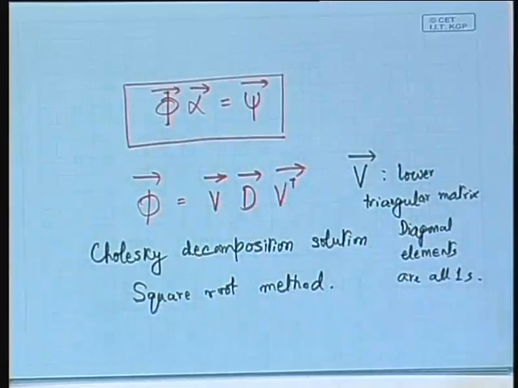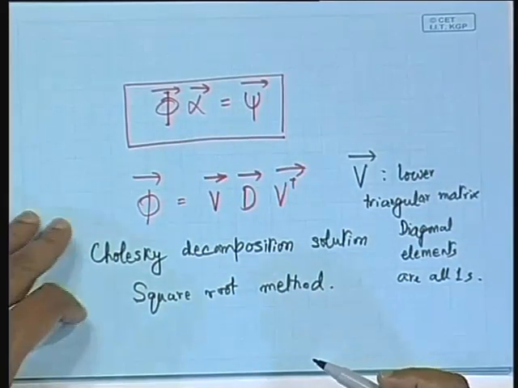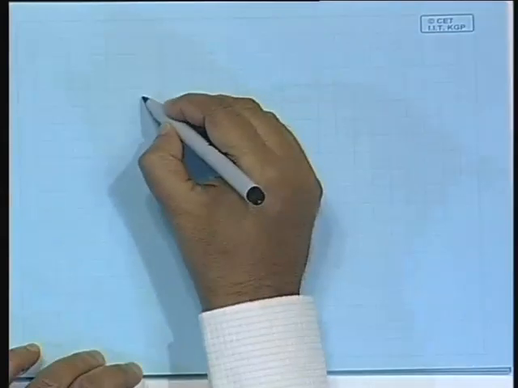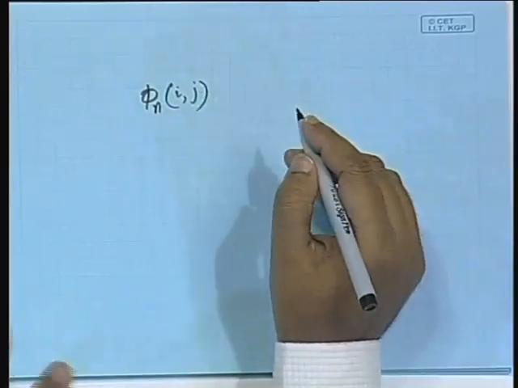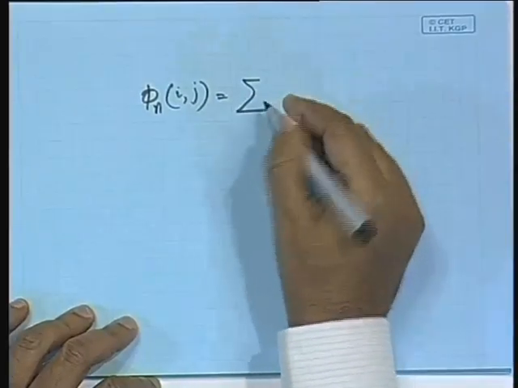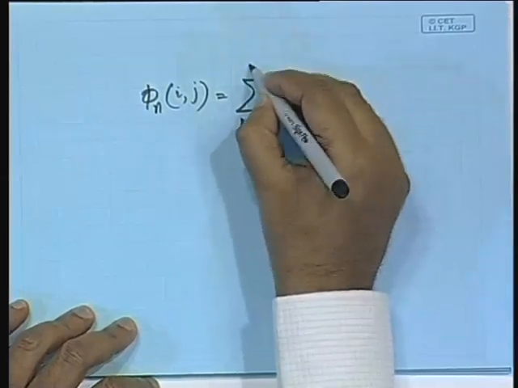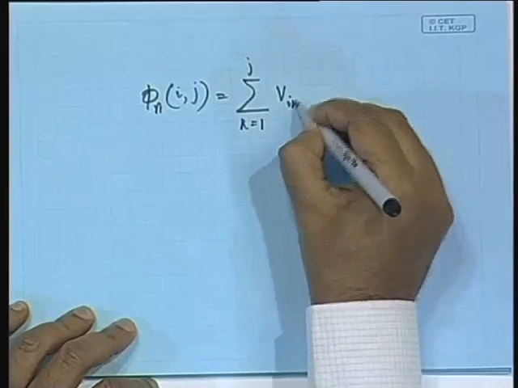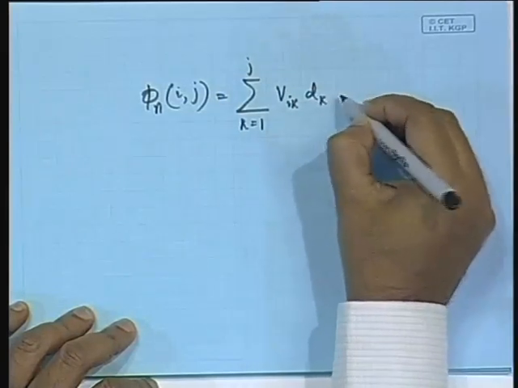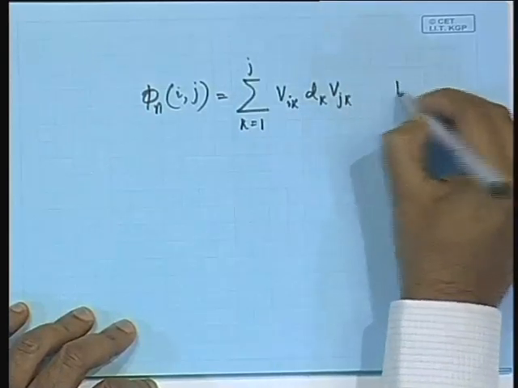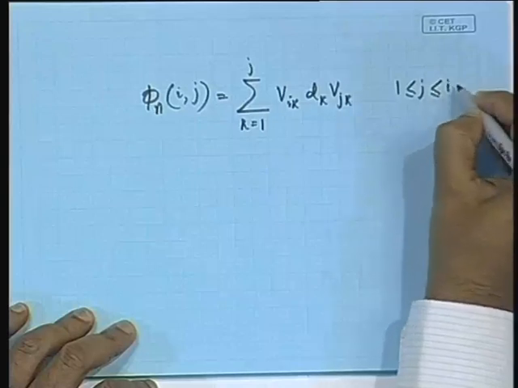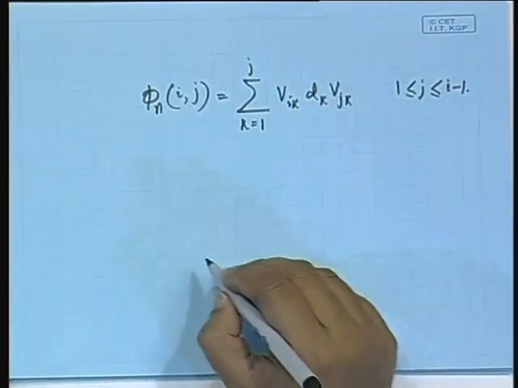If we just equate the ijth element, then the equation would look like phi n ij. Mind you, now there is no more vector or matrix notation; I am back again to the scalar. So phi n ij is equal to the summation over k is equal to 1 to j of v ik into d k, that is, the diagonal matrix element, into v jk, and this j lies between 1 to i minus 1.